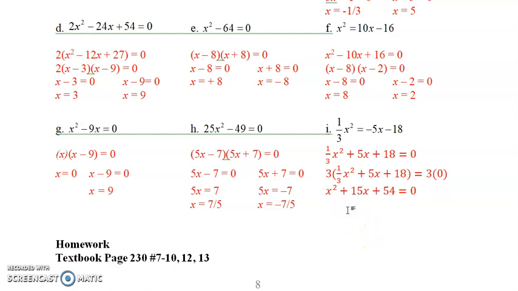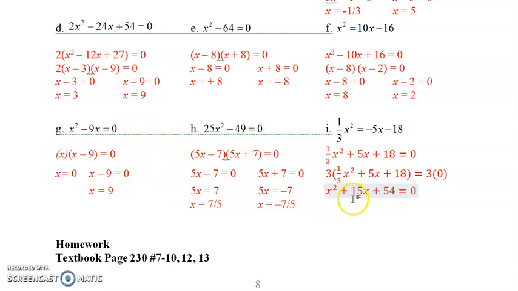simply factorable trinomial. Two numbers multiplied together give me 54 and added together give me 15: sorry, 9 and 6. I do apologize. 9 and 6, or 6 and 9. All right, and that's it.